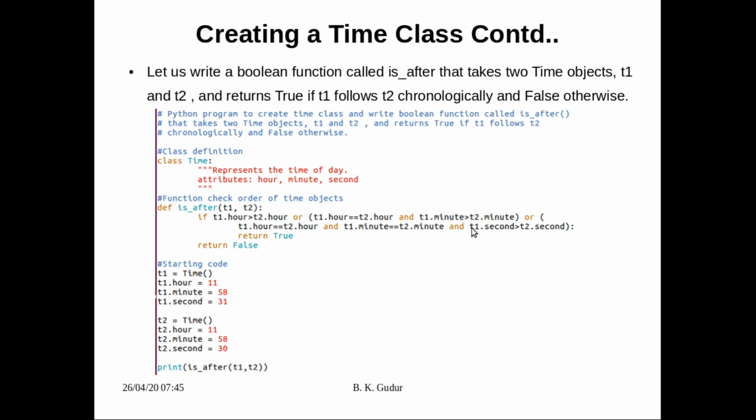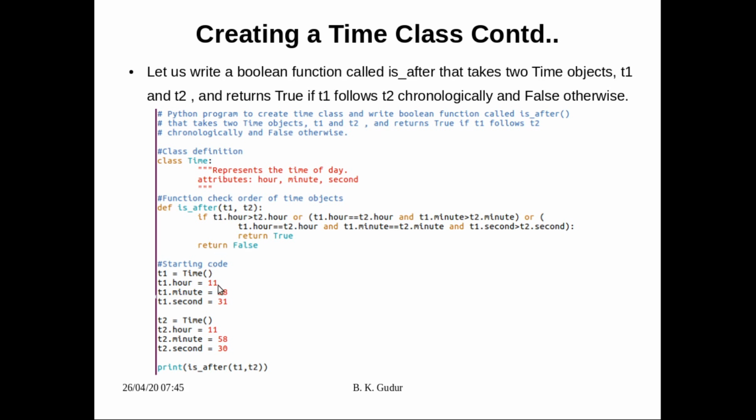But if this is also false, then it will come here, it will check whether T1 hour and T2 hour are equal and T1 minutes and T2 minutes are equal, then it will check whether T1 second is greater than T2 second. If one of these is true, it will return true, otherwise it will return false. So this is the function is_after.